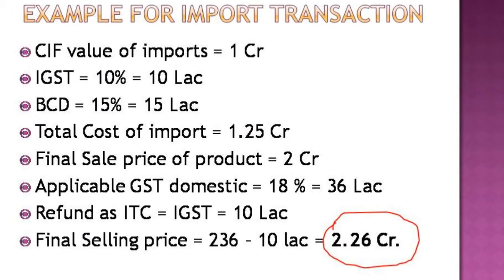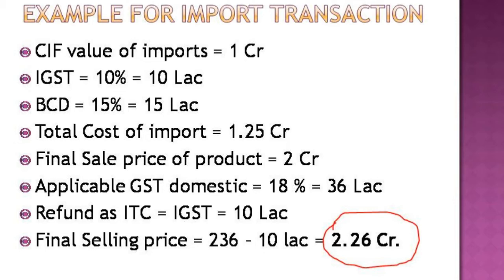Let us suppose person A imports goods with CIF value 1 crore from UAE. He will be charged IGST of say 10% on 1 crore, that is 10 lakh rupees, plus suppose BCD is another 15%, that is another 15 lakh.